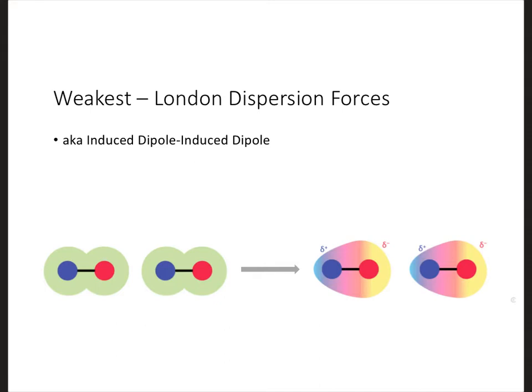When it has that temporary dipole, it induces a dipole in the next molecule. So over here we have no dipoles. But when they bump into each other, we end up with an induced dipole between these two.